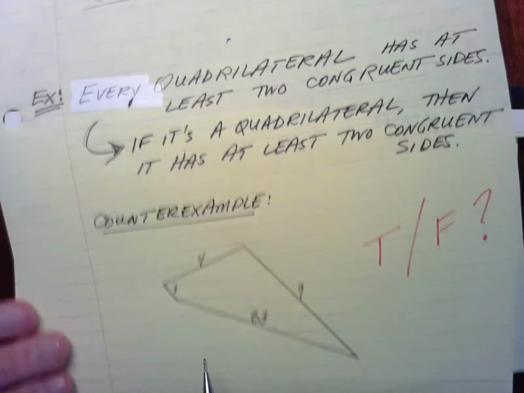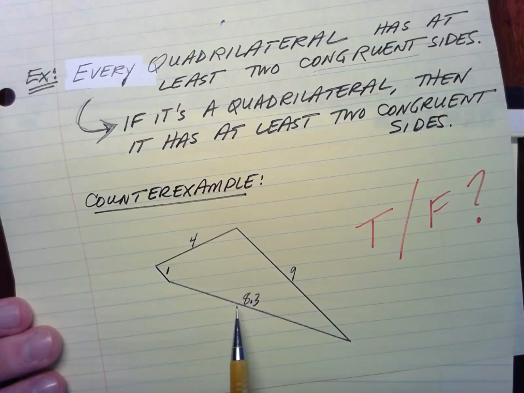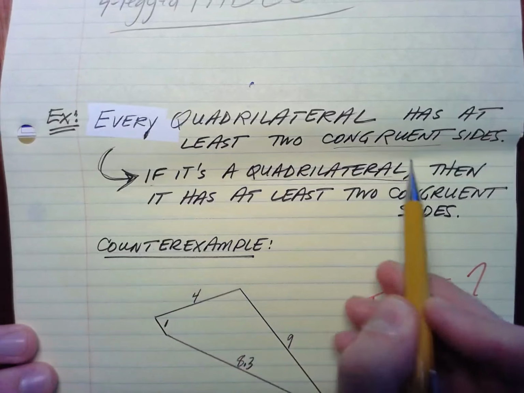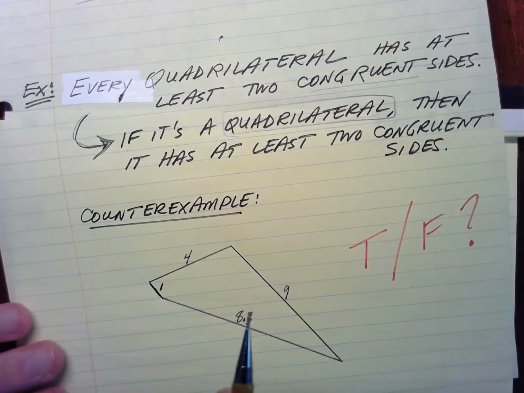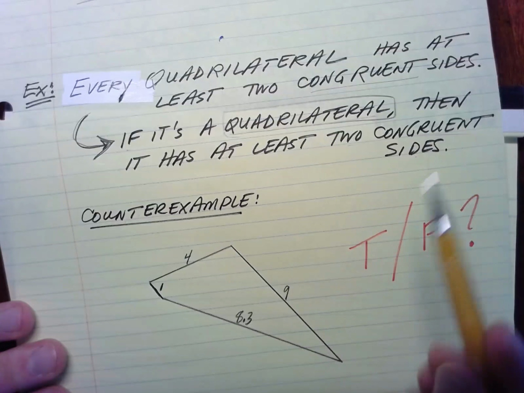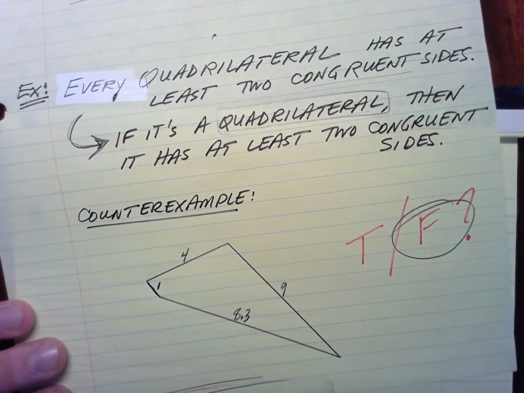I have drawn a quadrilateral. Remember, quadrilateral means it has 4 sides. So this has 4 sides, so it's a quadrilateral, but it does not have 2 congruent sides. So this is false, and here's a counterexample.